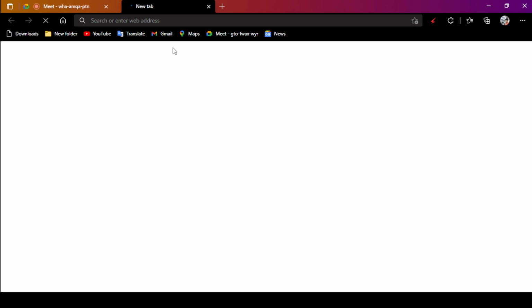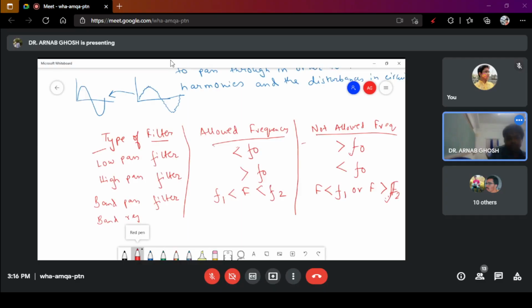And what is band reject? This is allowing, but this rejects. So these are the properties by which you classify filters.